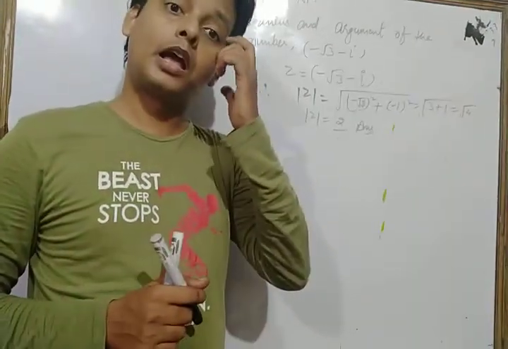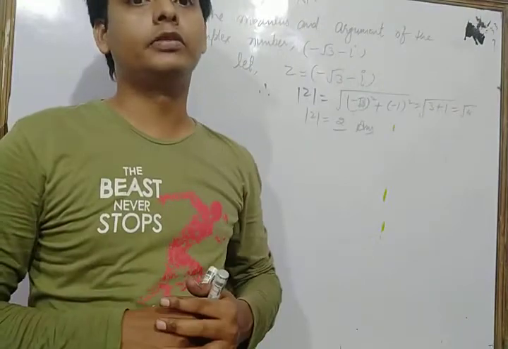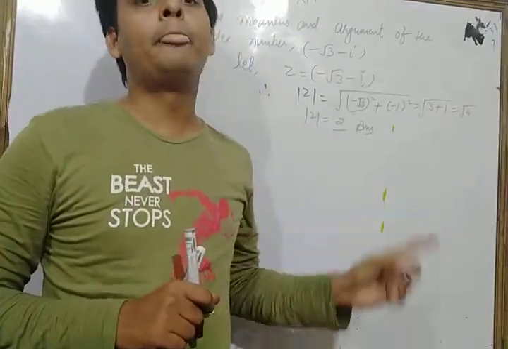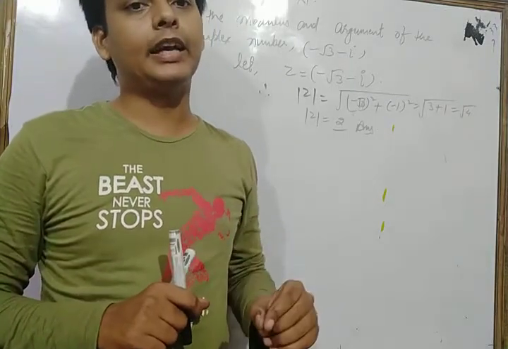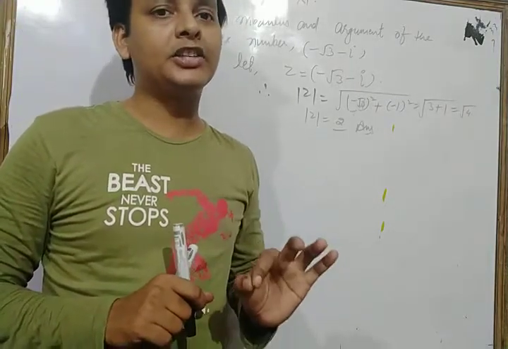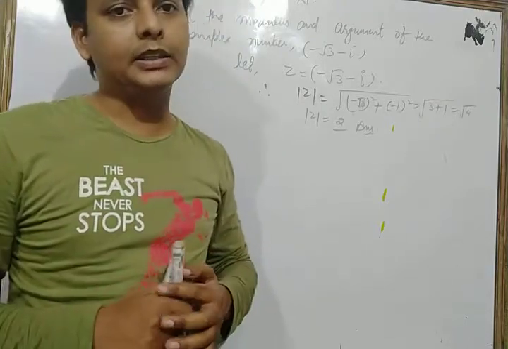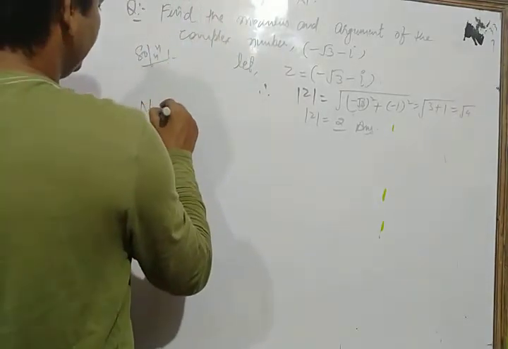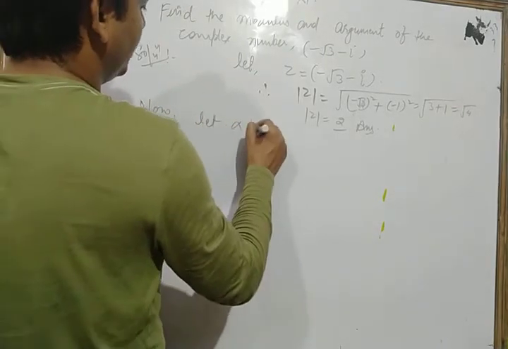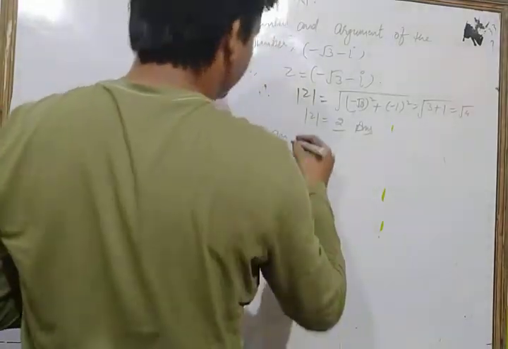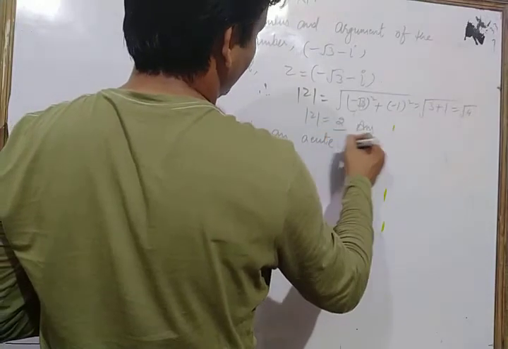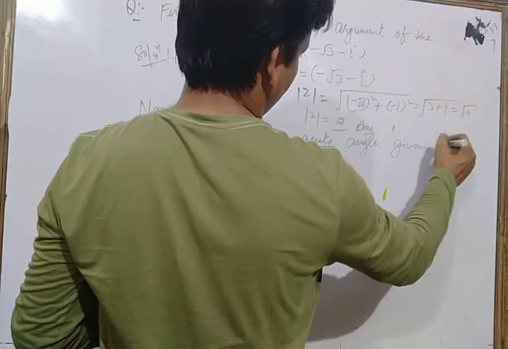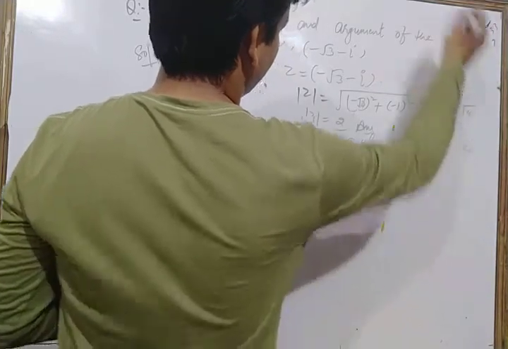Now we find the argument of the given complex number. For finding the argument, first of all we find an acute angle alpha given by the relation tan alpha is equal to mod of y by x.